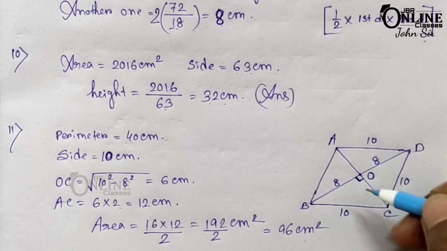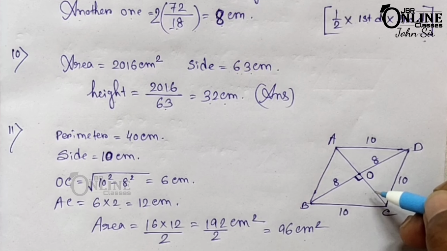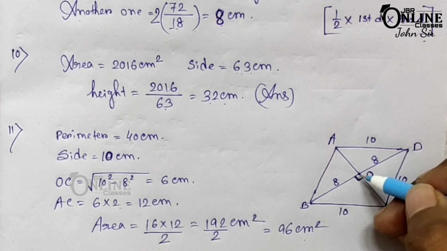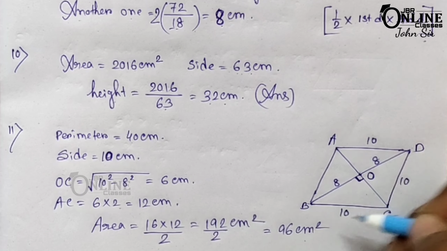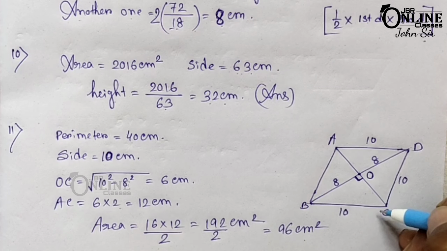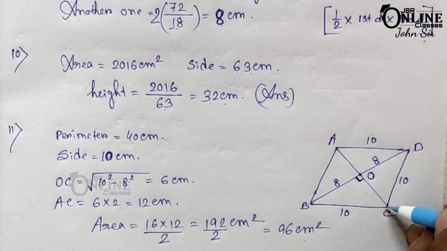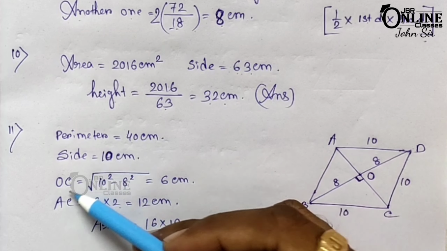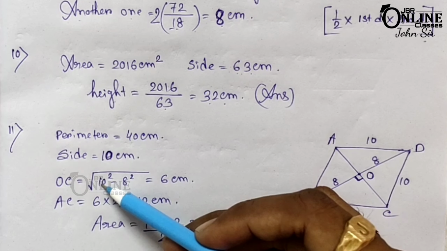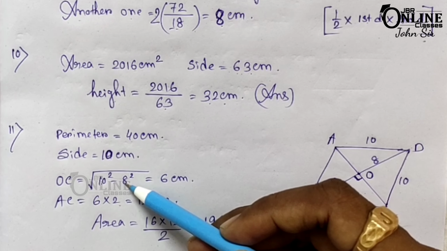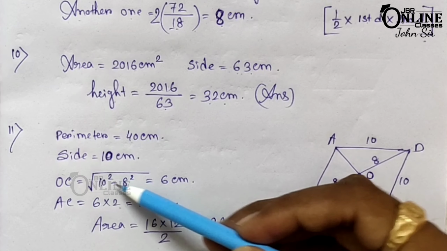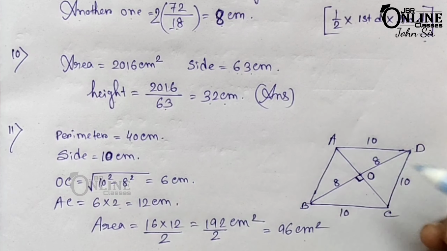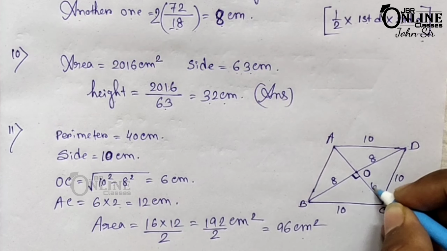Hypotenuse square equals base square plus height square. Suppose here OC is the base, OB is the height and BC is the hypotenuse. To find the base OC, OC equals root over hypotenuse square minus height square. That is the formula. So hypotenuse equals 10, so 10 square minus 8 square, that equals 6. So here OC equals 6.